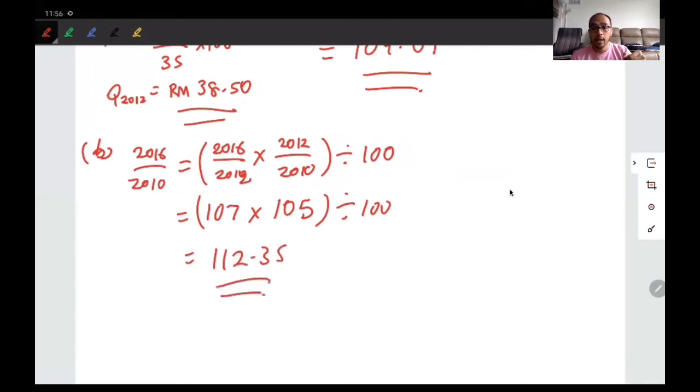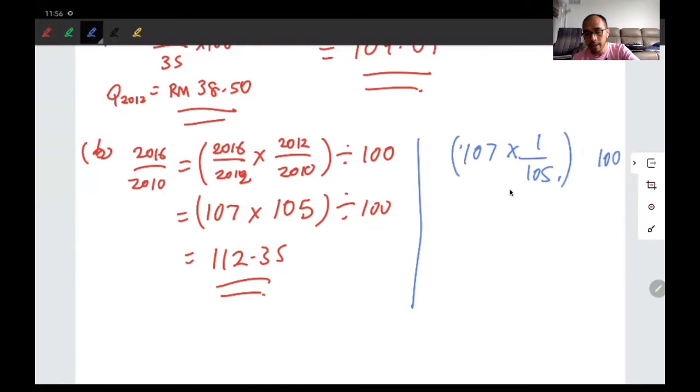Okay. So what I mean by flipping is sometimes when you do chain rule, what you may get is 107 times 1 over 105. Okay, sometimes you will have to flip, sometimes lah, but this is not the case. If that is the case, then the 100 you have to multiply. But if there is no element of flipping, if you just take the two index numbers and you multiply them straight, you just divide it by 100.